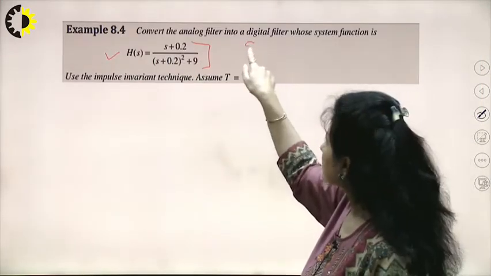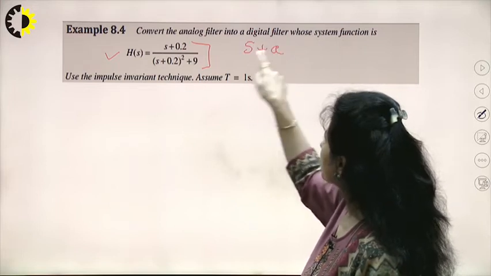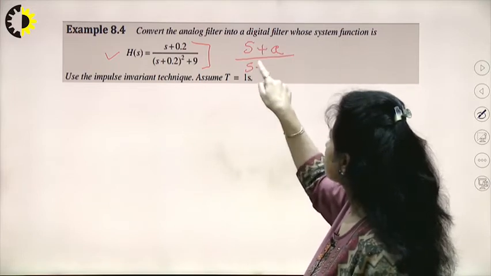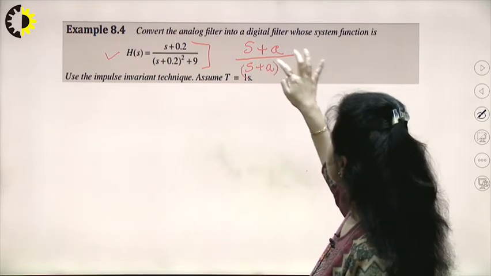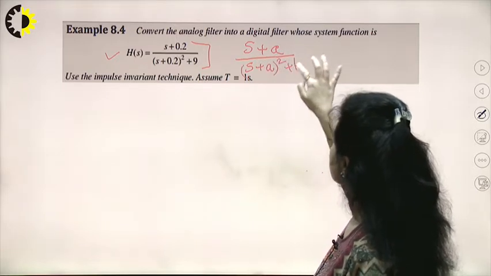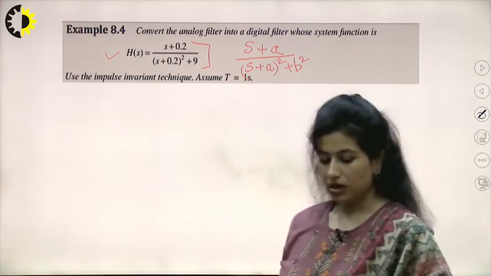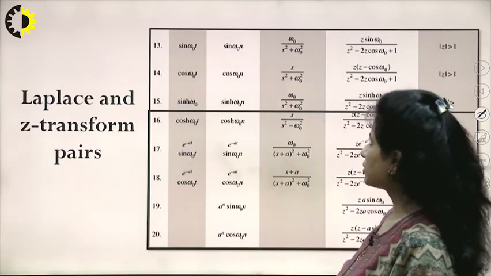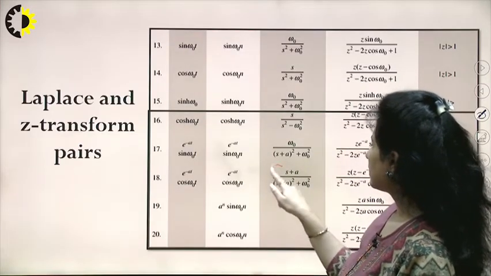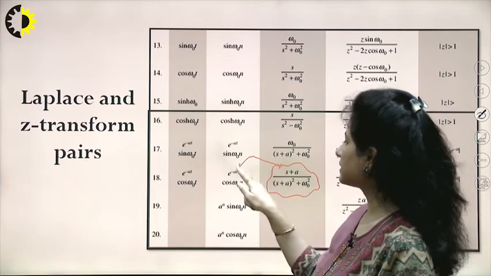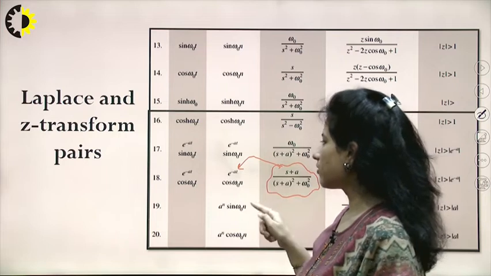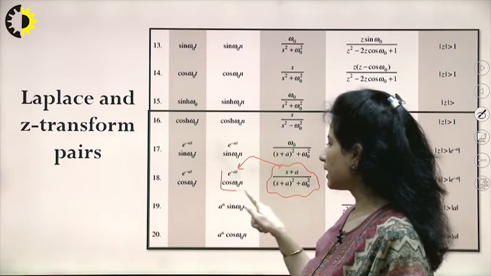So this looks like s plus a whole squared, and say this is a certain frequency, or I can represent it by the variable b. What is the transformation for this representation? The time domain representation is e raised to the power minus at cos omega naught n.